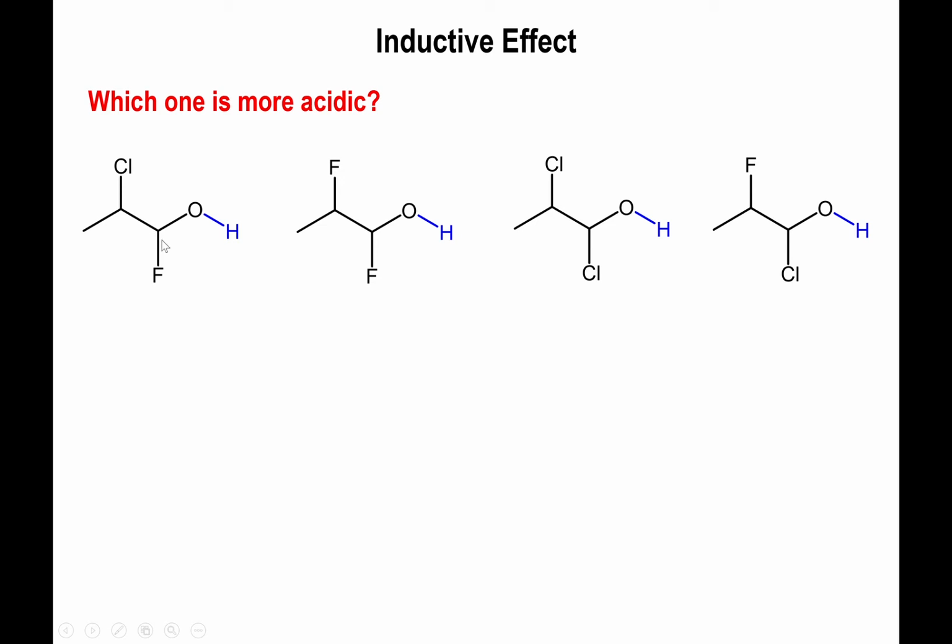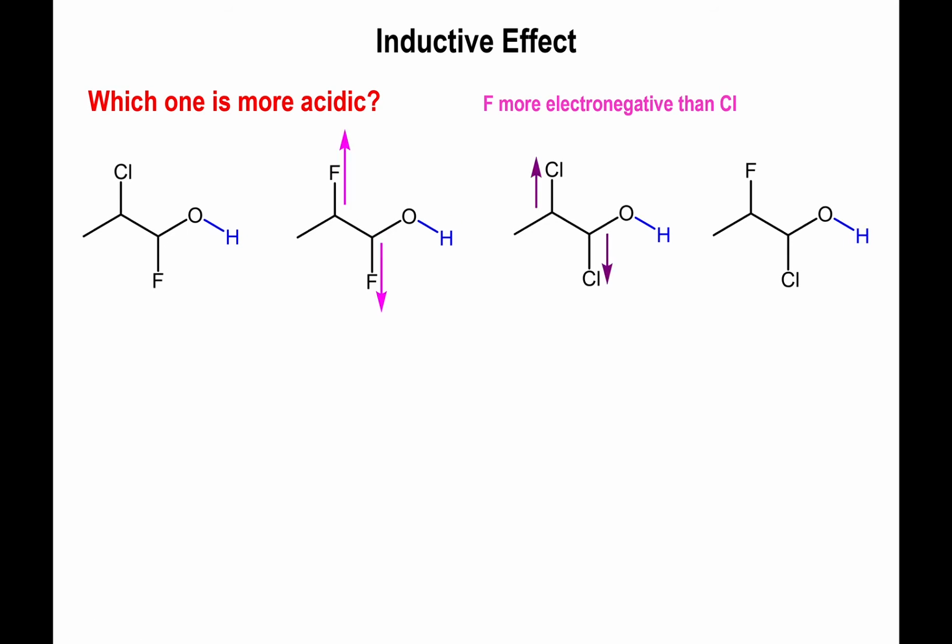And the idea is that that dipole moment is going to pull electrons away. So think of this arrow, which is the dipole moment, as electrons running away from this carbon. And between fluorine and chlorine, fluorine is more adept at removing electrons from carbon. So you're going to have a higher dipole moment on the CF bond than you will on the CCl bond.